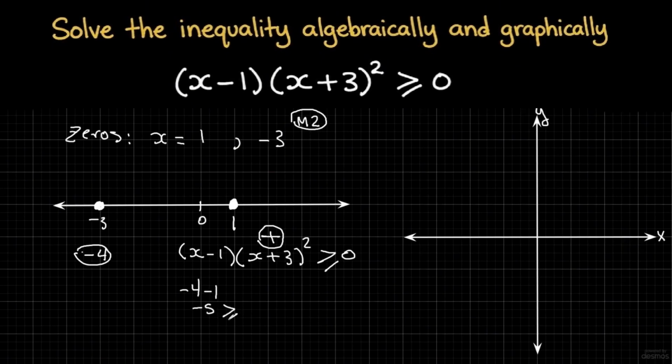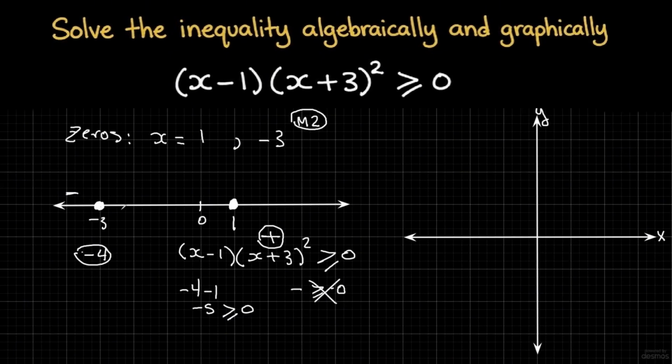We don't shade there. Now, between negative 3 and 1, the best number to choose is 0 because it's very easy to test. So if you take 0, you're going to get 0 minus 1, which is negative 1, and that's not greater than or equal to 0.